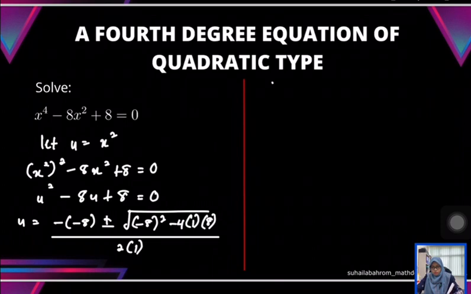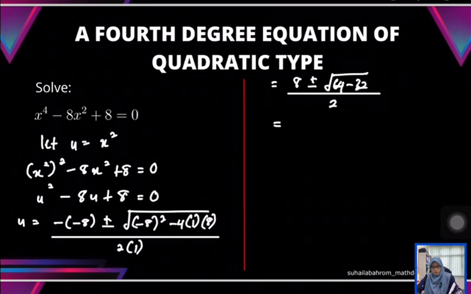When you solve this, you will get 8 plus minus the square root of 64 minus 32, over 2. Simplifying, 8 plus minus the square root of 32 divided by 2. Please don't leave your answer as the square root of 32. You have to make sure the square root is in its simplest form.